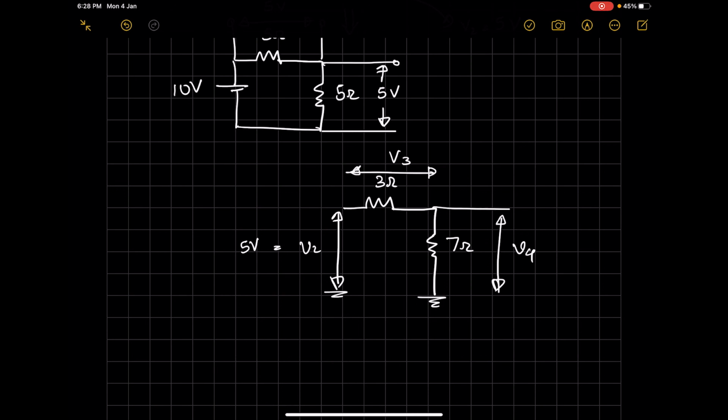As before, you need to find the current I here, which is nothing but V2 divided by the total resistance, that is 7 plus 3, so it's V2 by 10, and since V2 is 5, you'll get half.